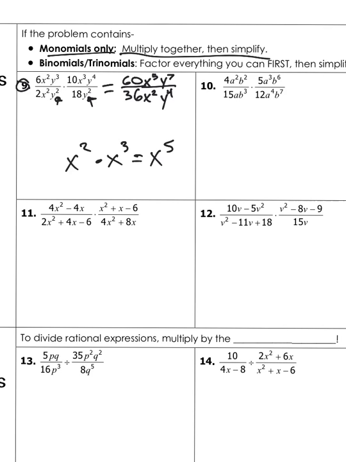And then they say to cancel some stuff out, leaving you with 10 over 6, which would then give you 5 over 3. This would give you x to the third, and then this would give you y to the third.